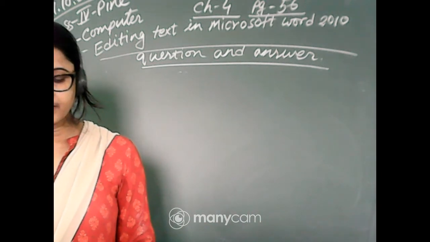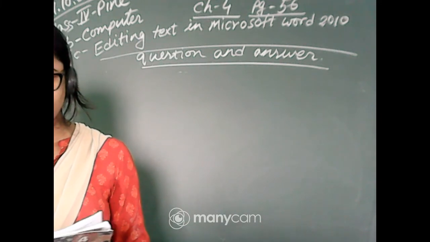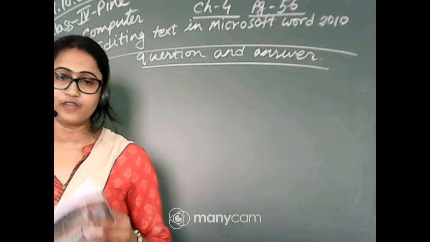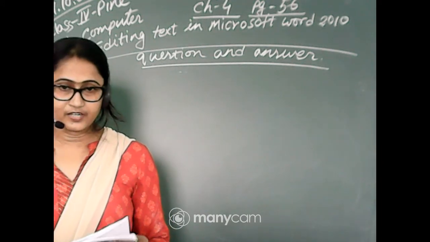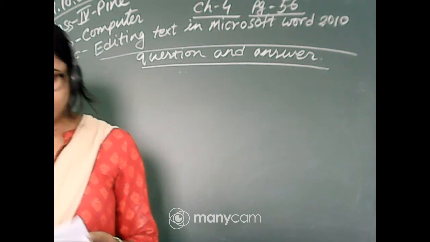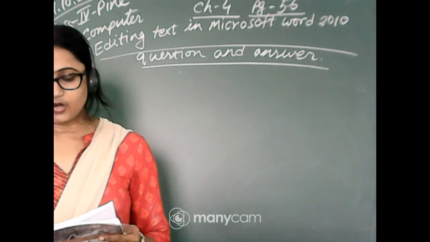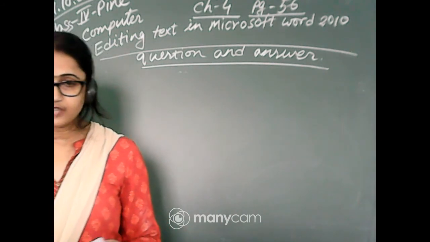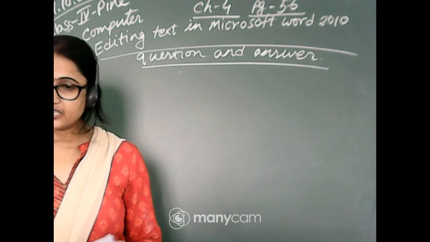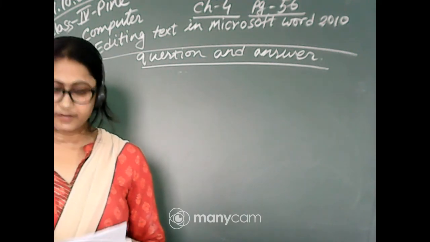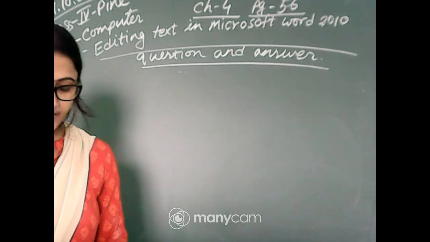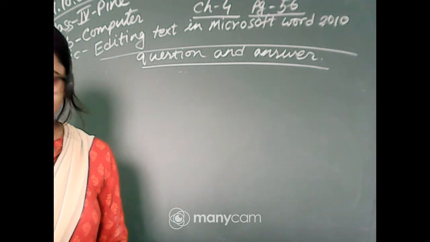The undo command is used to reverse the effect of the last command, and the redo command is used to reverse the action of the undo command. The shortcut for undo is Ctrl Z and the shortcut for redo is Ctrl Y. These are two differences.